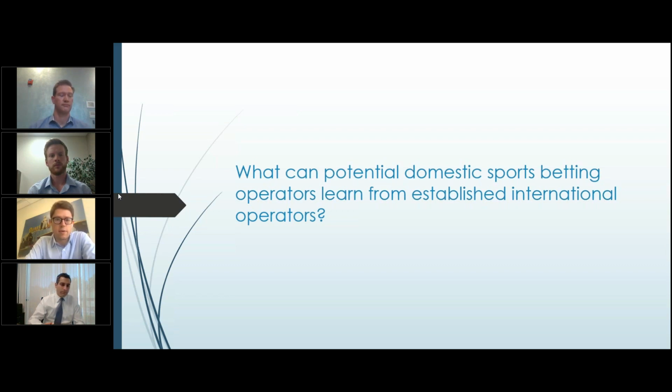This is a slightly separate conversation to me, but it really speaks to one of the points that Dan Shapiro brought up, which was competitive odds.